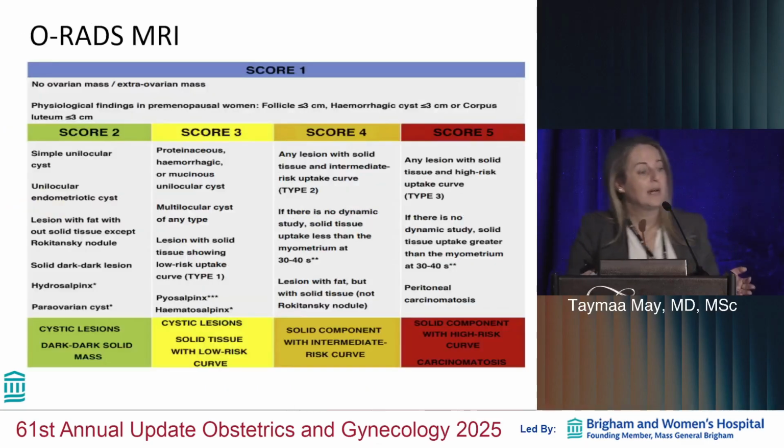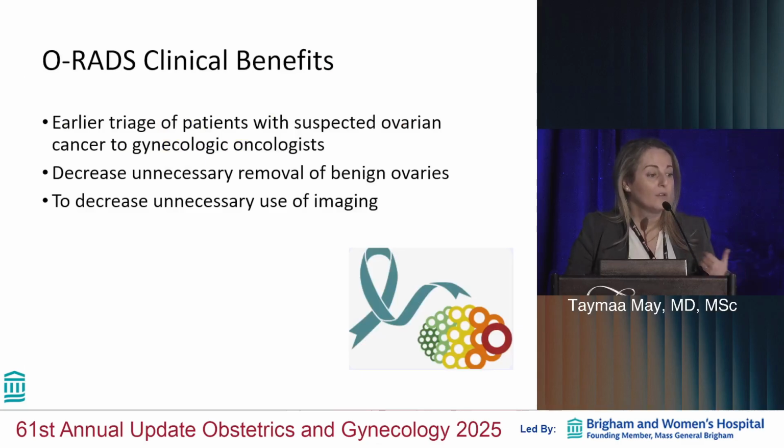The MRI score is similar to the O-RADS scores, just using MRI as a modality versus ultrasound, which is no longer operator dependent. So score 2 is, again, low risk, score 3 is low risk, score 4 is intermediate, and score 5 is high risk. The clinical benefits: earlier triage of patients with suspected ovarian cancer to gynecologic oncologists.